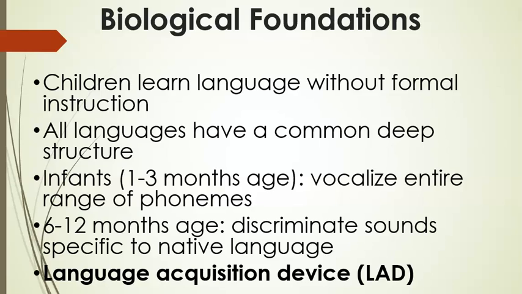Well, in the 80s, there was this guy called Noam Chomsky, and he proposed that humans have a language acquisition device, this LAD, where there's universal rules that apply to all languages. So sometimes you might hear these universal rules called universal grammar, because we know grammar is really just rules for language. And some of these universal rules are common components of language, like nouns and verbs.